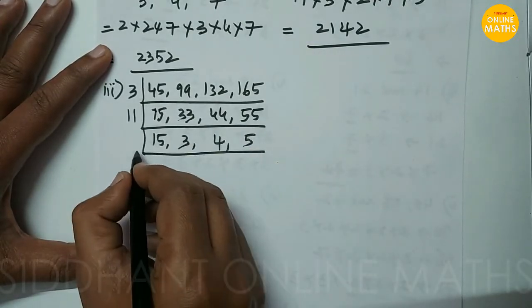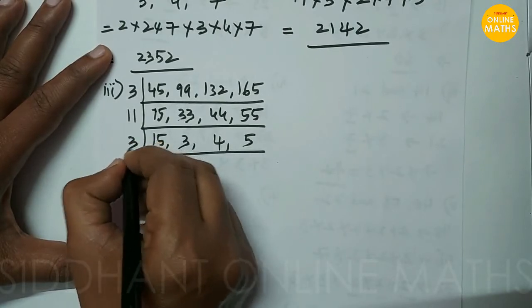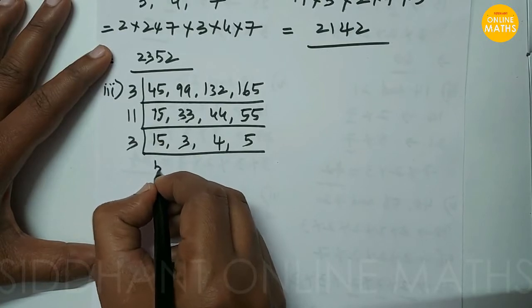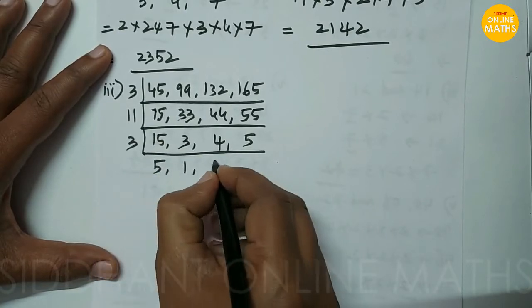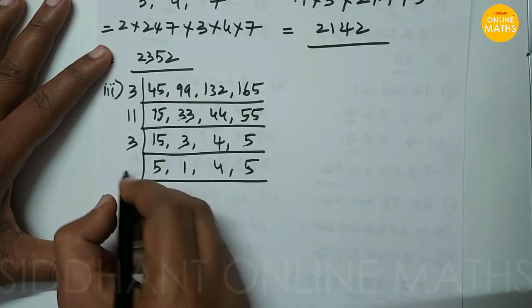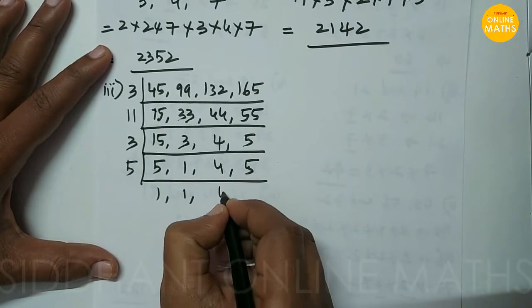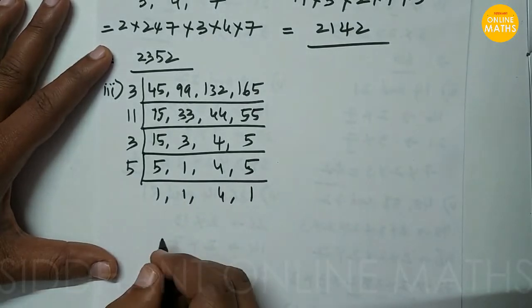Next it goes with 3, then 5, 1, 4, 5. Next it goes with 5, so 1, 1, 4, 1.